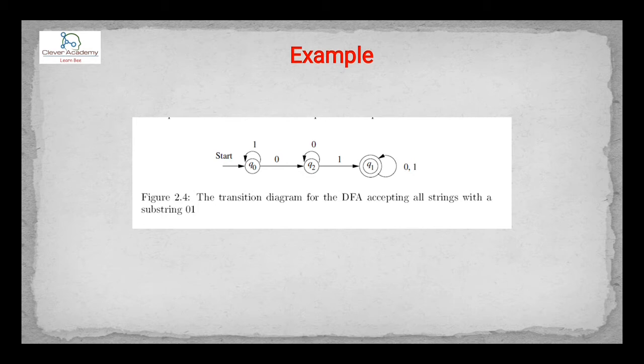Whatever transition diagram we are discussing, the main important thing is whether the 4 rules have been applied or not. We need to verify one by one. And finally you need to see that the accepted state is marked with the double circle.